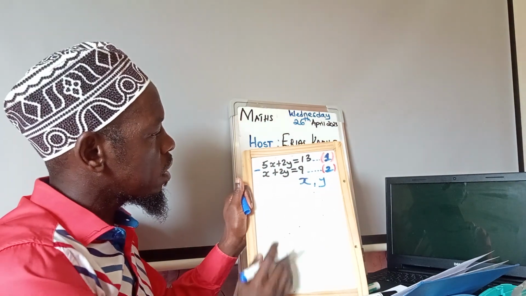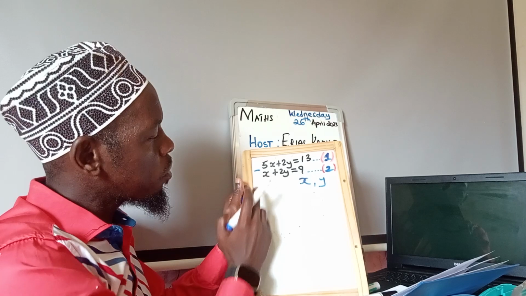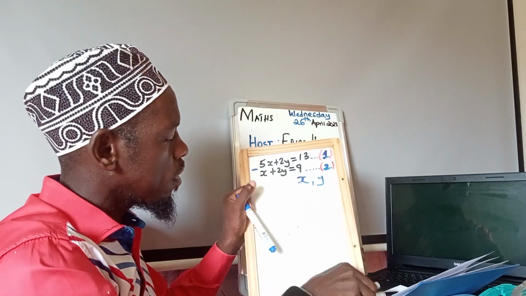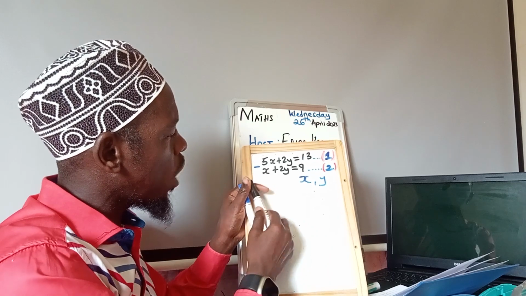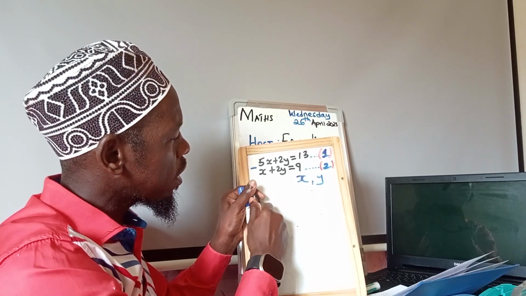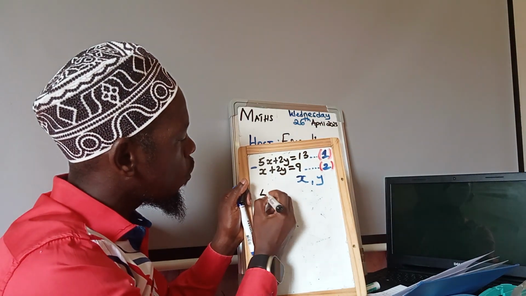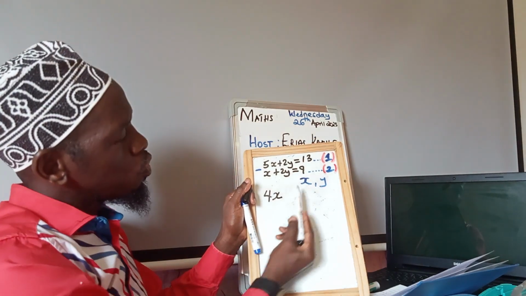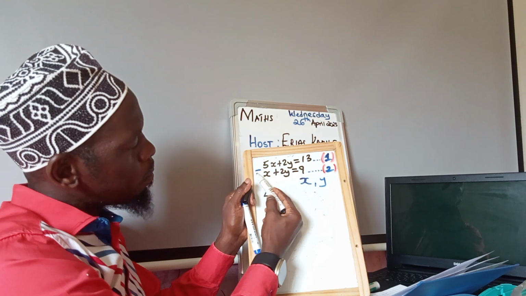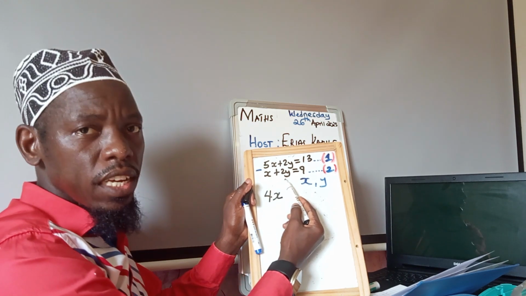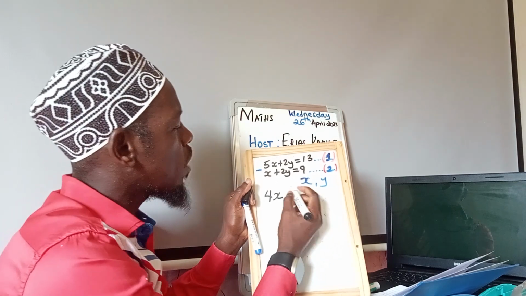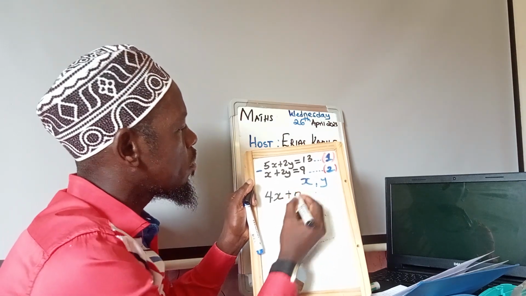So subtract 5x, already we said this is 1, minus 1x, what do you get? 5x minus 1x, we shall get what? 4x. Then 2y minus 2y, now you can see that this is being eliminated, and now that will become a 0.